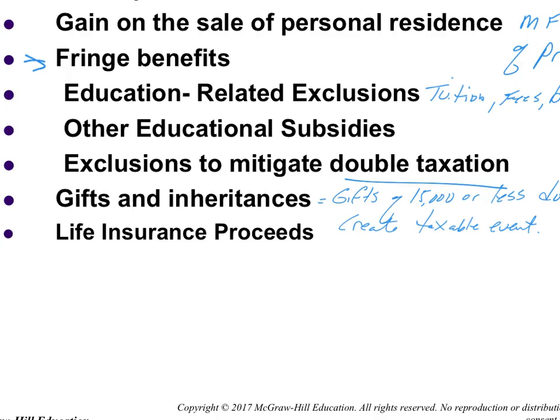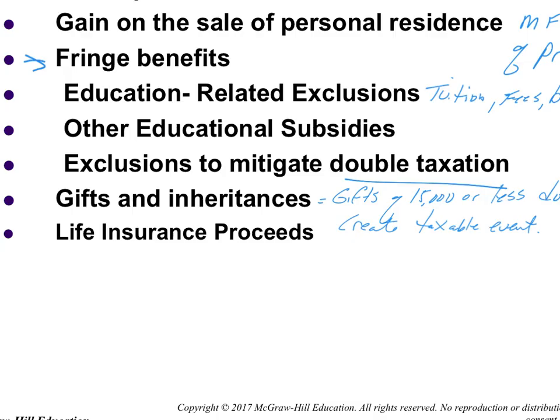You do not have taxable income as a result of that gift. Okay, $15,000 is the gift exclusion amount right now, which means if I give each of you $15,000, I do not have to pay a gift tax on that gift.